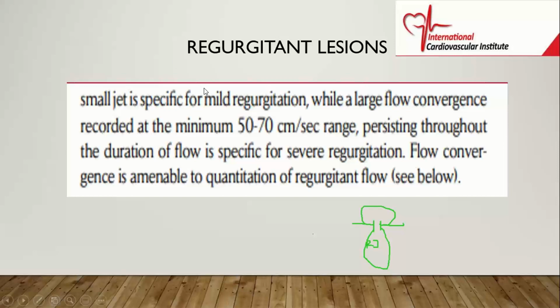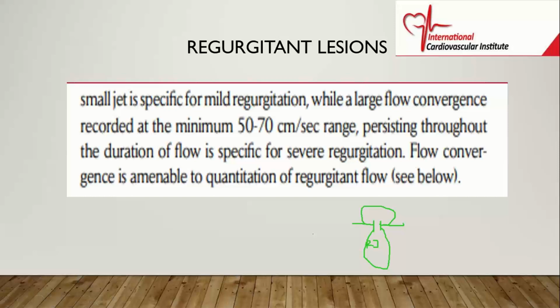Remember, when you do your color flow analysis of the regurgitation, on the sidebar you have the color flow parameters that you can adjust. And we talk about the aliasing velocity. You don't want to leave it at, say, 50 to 70 centimeters per second.